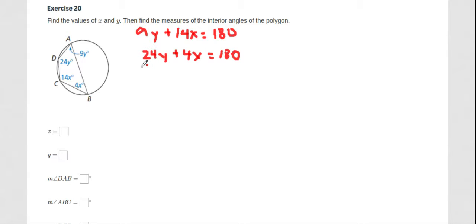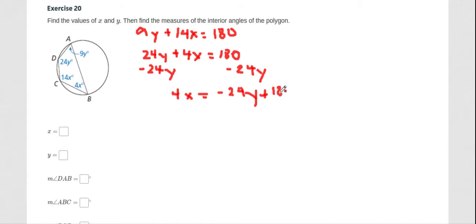So what I'm going to do is take the second equation, 24y plus 4x equals 180, and then solve it for x. So if you solve the equation for x, you can first subtract 24y from each side. And then you end up with 4x is equal to negative 24y plus 180.